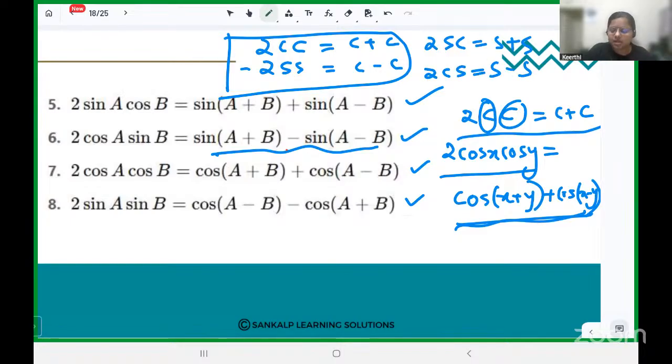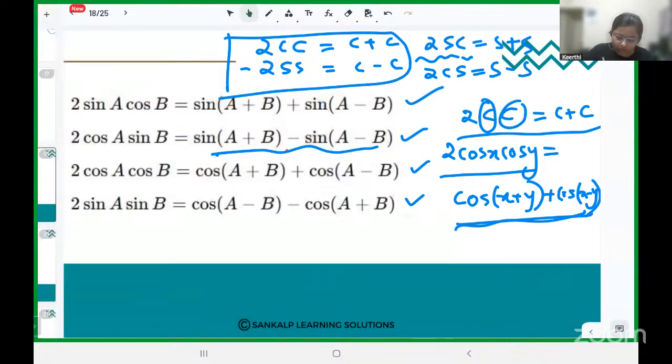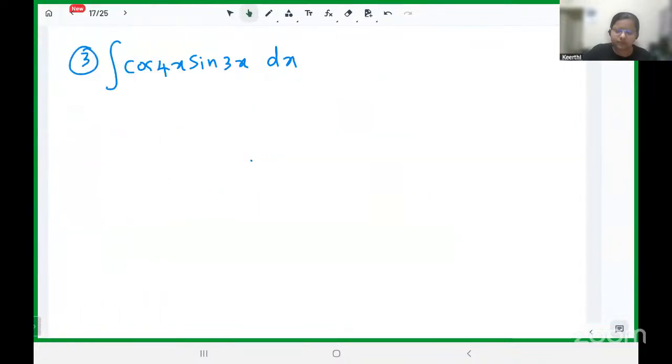What is the c and s? 2 sin x cos y is equal to sine of x plus y plus sine of x minus y. 2 cos x sin y is equal to sine of x plus y minus sine of x minus y. Again, here also similarly.